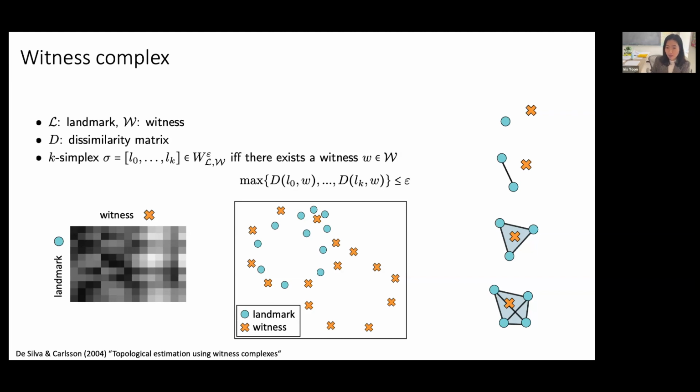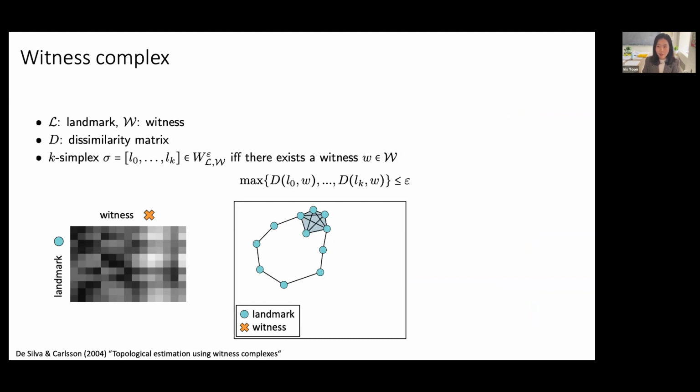So here are some examples of the simplices that you might see in your witness complex, and here's an example for this cartoon of a witness complex at a very specific epsilon parameter.